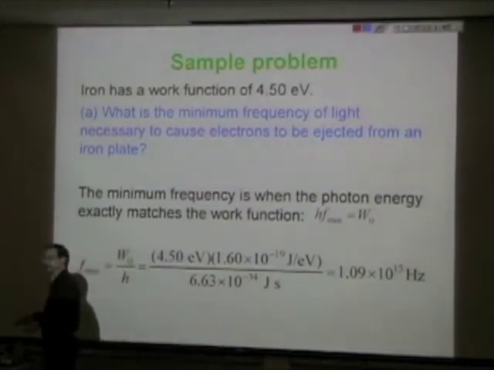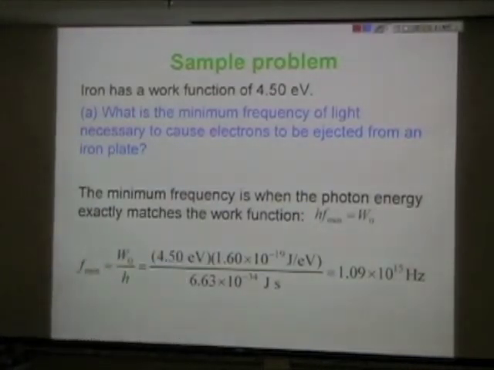That's it, because they don't have energy high enough to be ejected. To calculate the minimum value for the frequency, all you have to do is set the maximum kinetic energy of electrons to 0. So that's a situation which divides the case with electrons staying inside and electrons moving outside.